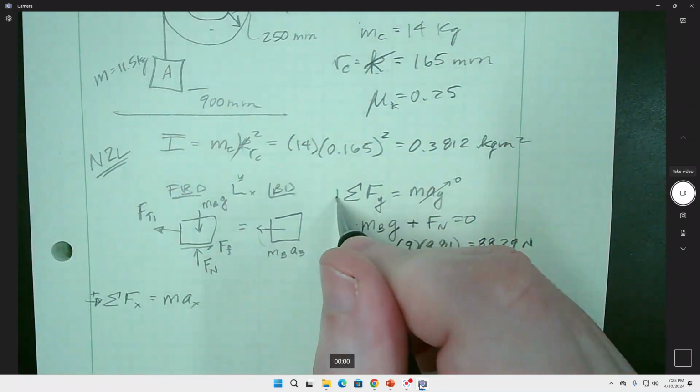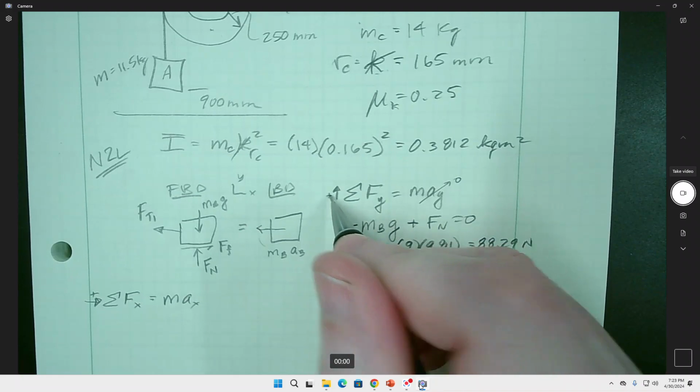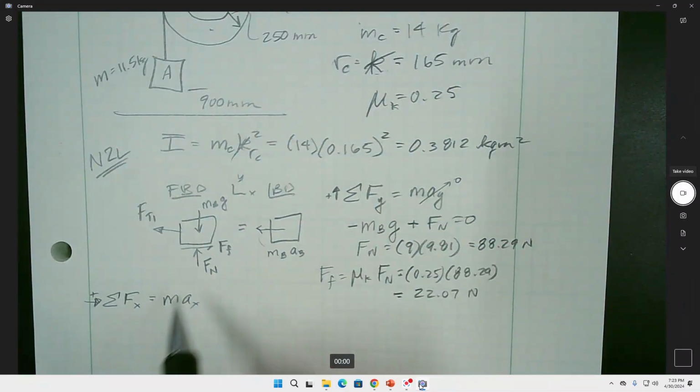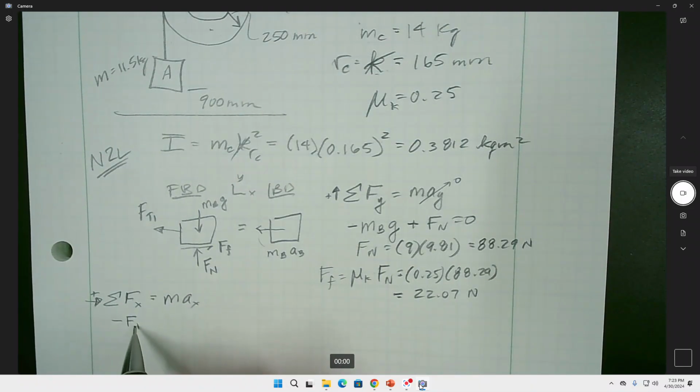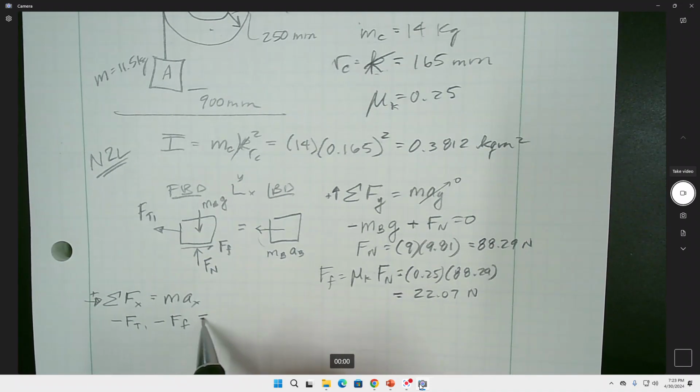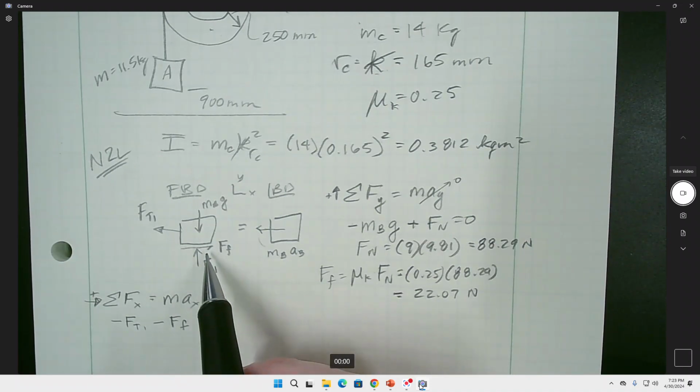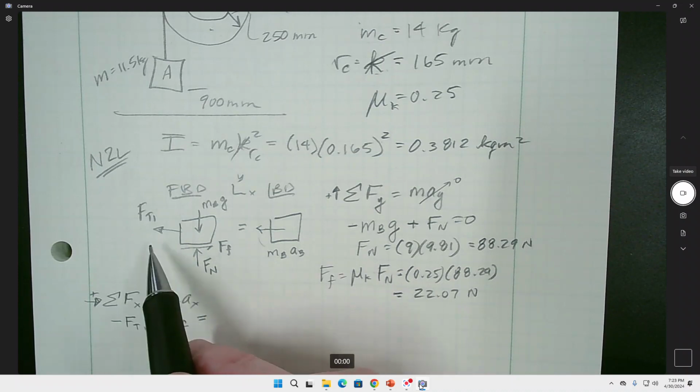I didn't do the right thing by putting him up. I fixed it. All right, so we're going to have a negative FT1, and we're going to have a negative FF. Does that sound right? Yeah, it's resisting motion.